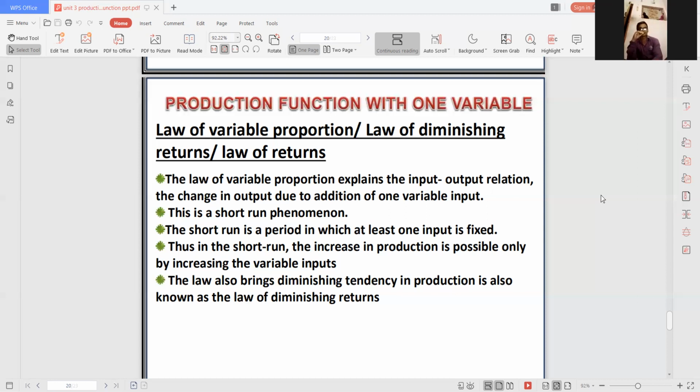For example, you are using 1 lakh capital and 20 labors. If you are using 25 labors for only 1 lakh capital, then to some extent the production may be increased.